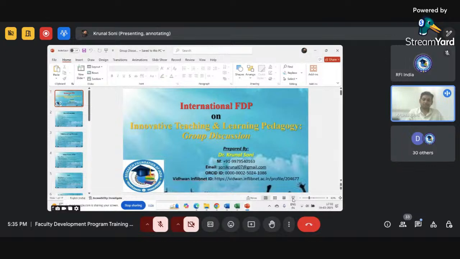So if it talks about our commerce and management institutions, we usually use this kind of tool as far as taking the opinions of the people on certain perspectives. And this opinion could be for and against, in different domains and different areas. So you can utilize those perspectives as a part of group discussion.